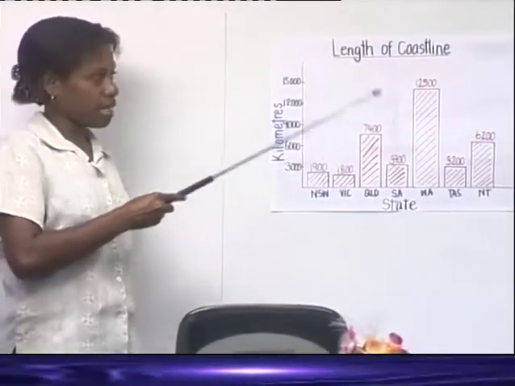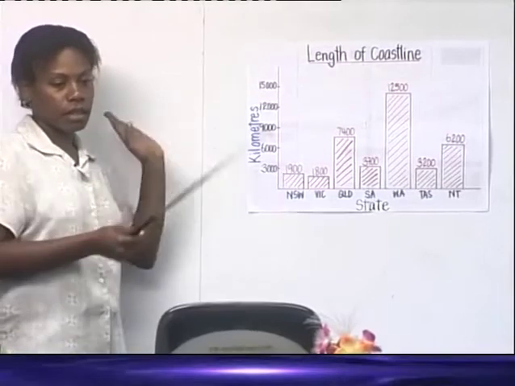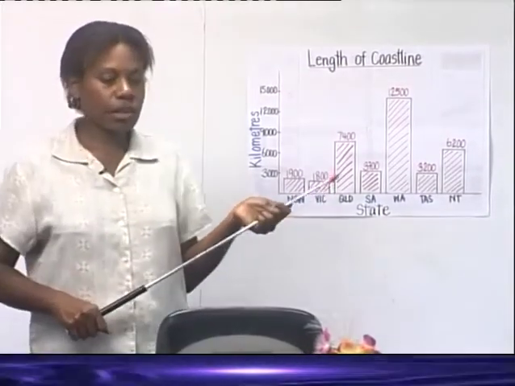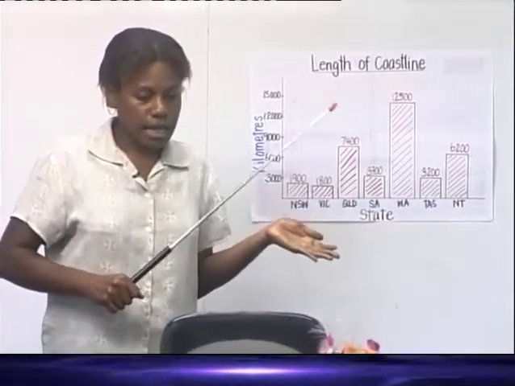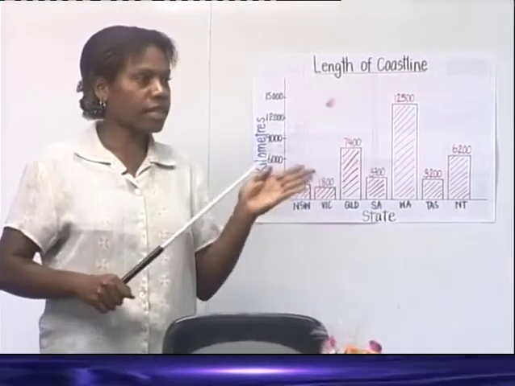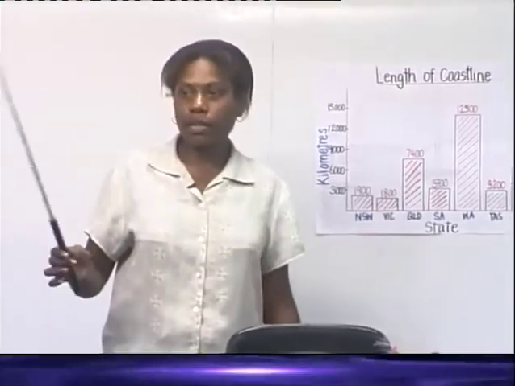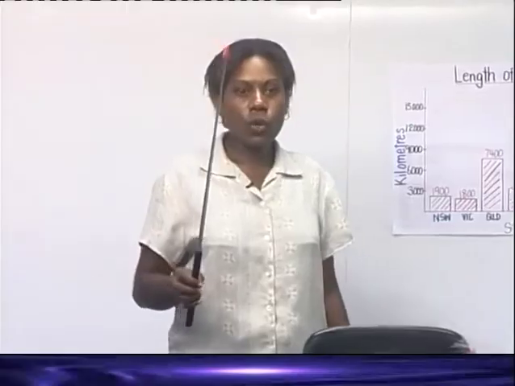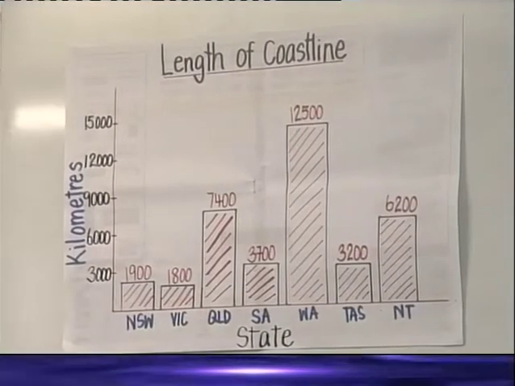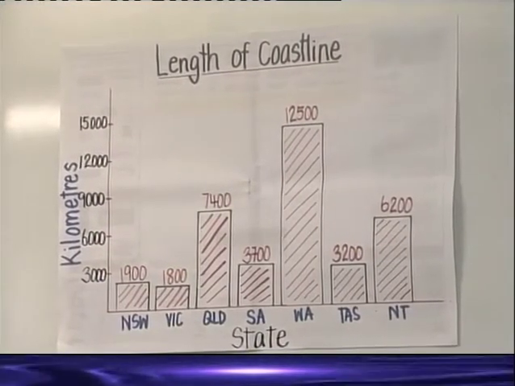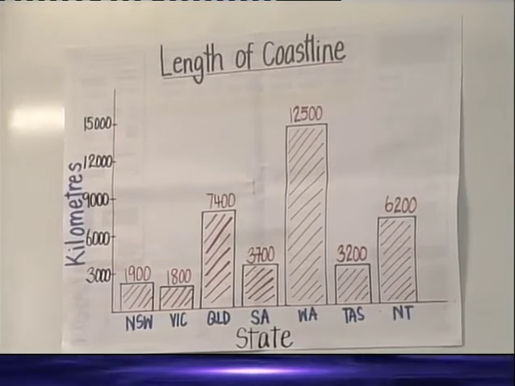Some of the features, like I said: title, horizontal axis, vertical axis, and a scale on the vertical and horizontal line. Okay, who would like to come and show us the title, please? One of the important features, which is the title. Anyone?